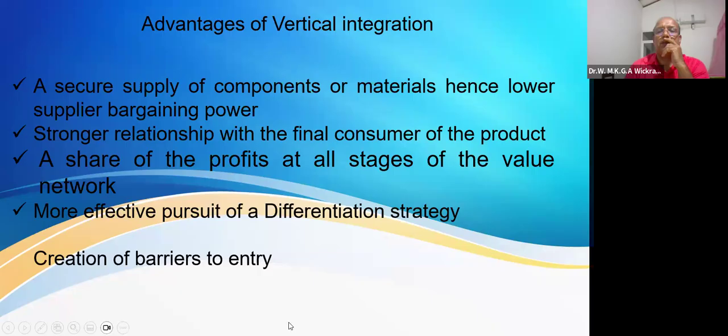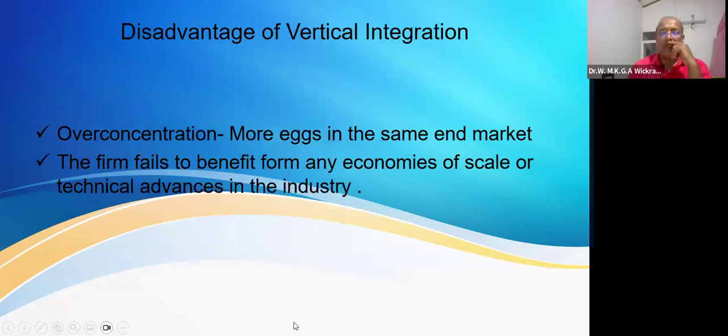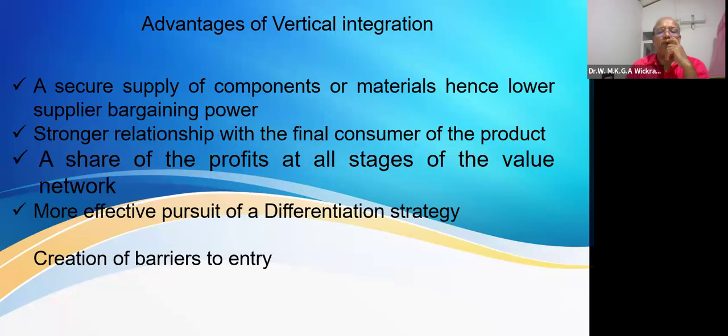Advantage of vertical integration: a secure supply of components or materials, hence lower supplier bargaining power. So you see, if you can acquire suppliers, you can have the bargaining power, with supply having lower bargaining power.